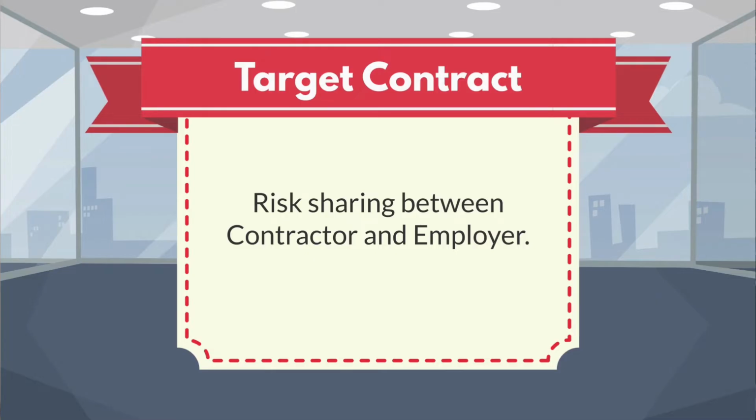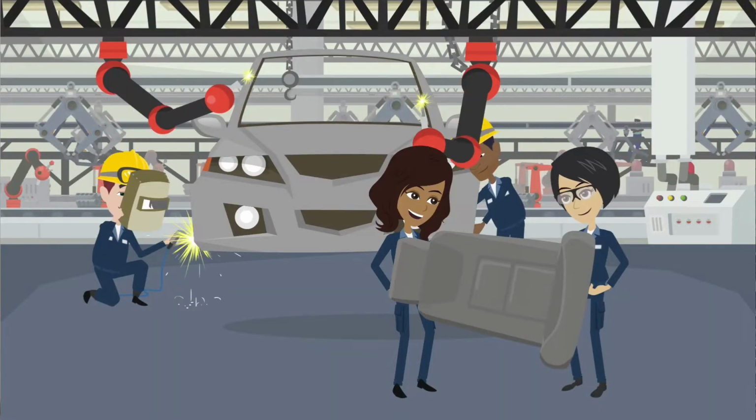Now on these two options, option C and option D, we use them to share the risk. The risk is shared between the employer and the contractor, right? We have a target to say our target is to complete this within 1 million, right? But we are more in a collaborative, and this is where you will get incentives for finishing earlier.